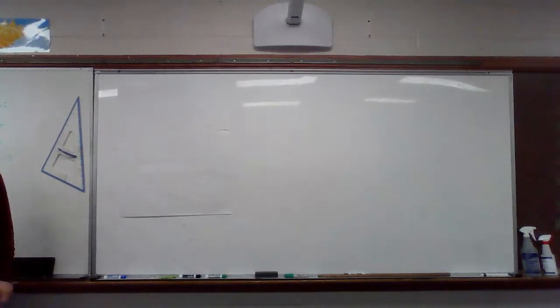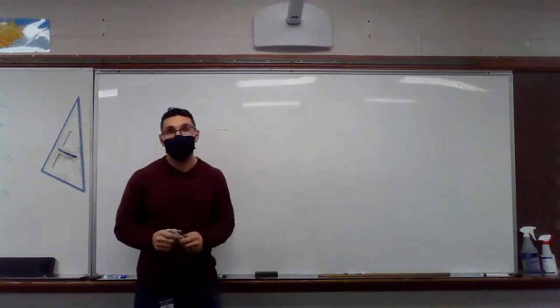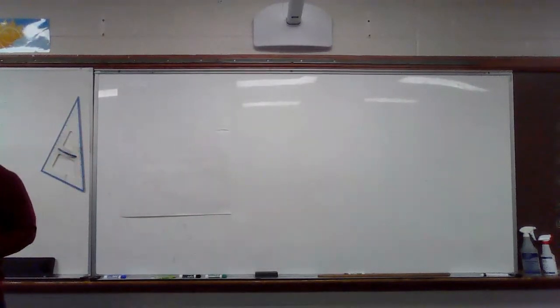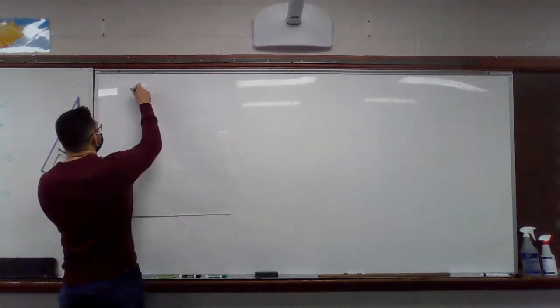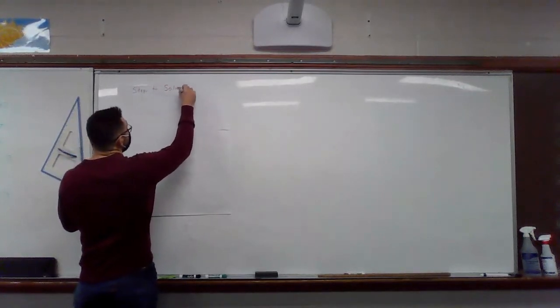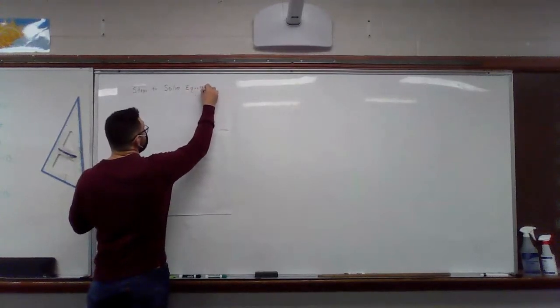We had them all over the back of the room because it was the important things that we needed to know. Already there's an anchor chart with an example of solving equations. Here's what we're going to do. This is steps to solve equations.